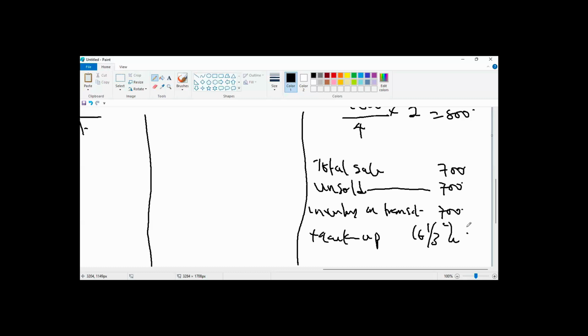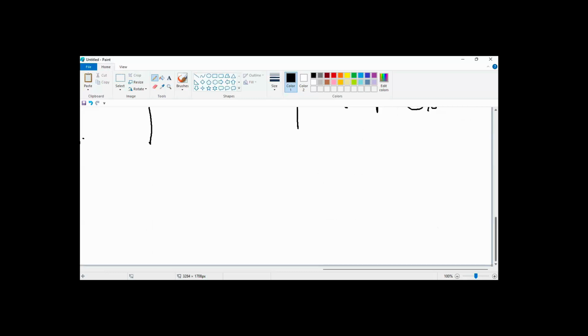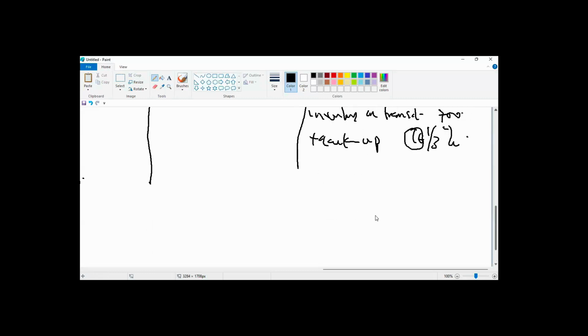What do I do now? In the exam, don't bother yourself. Neglect the 16, remove the 16, deal with the 1/3. Convert it. 1/3 plus 1 markup times 700.